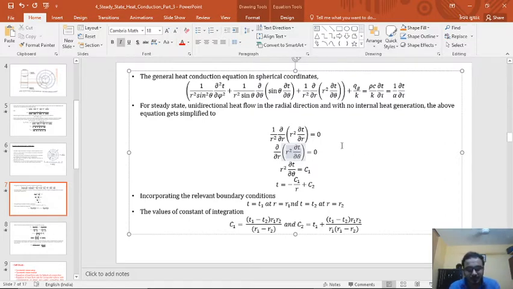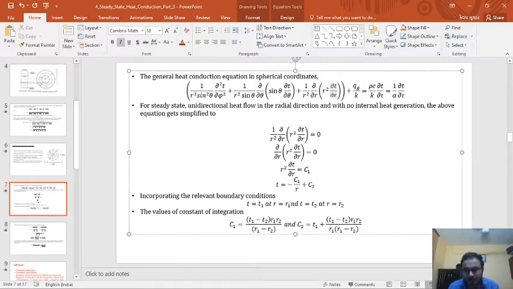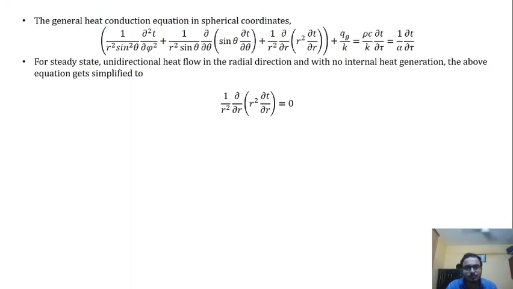So here it has to be R. So now here, 1 upon r square goes because it multiplies with 0.